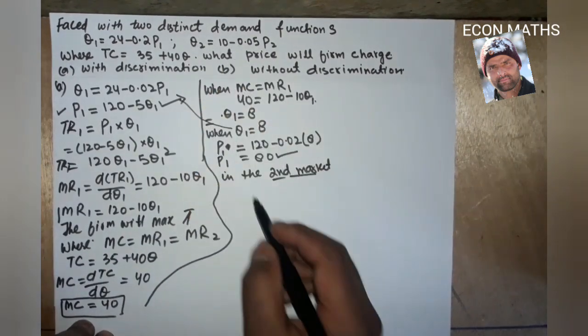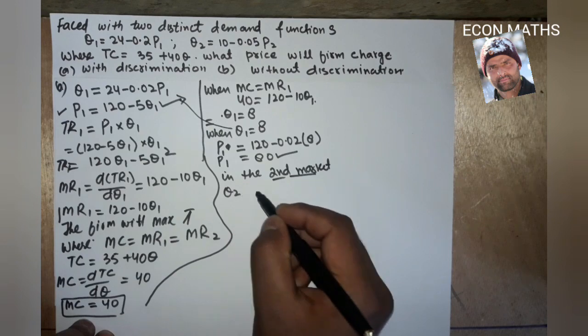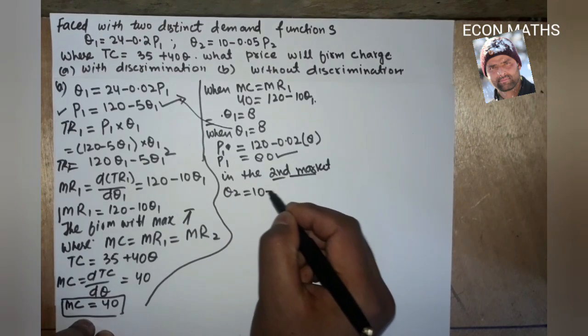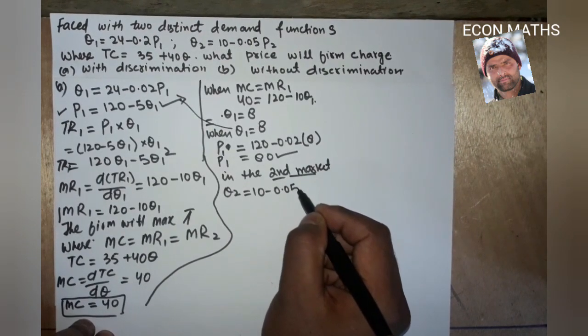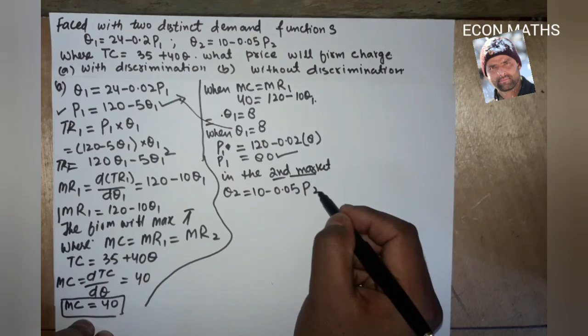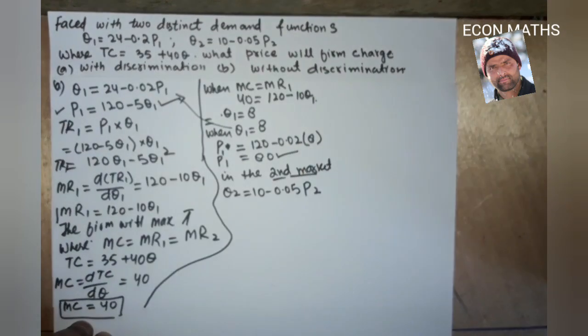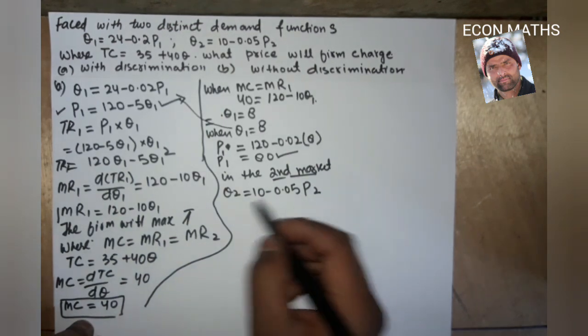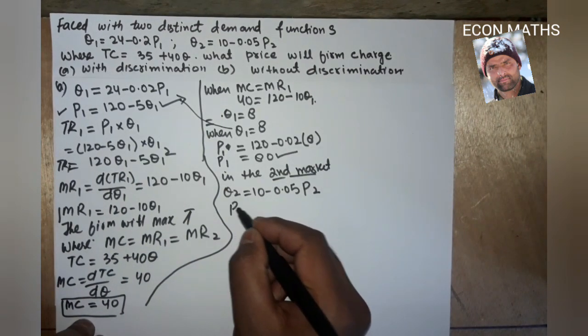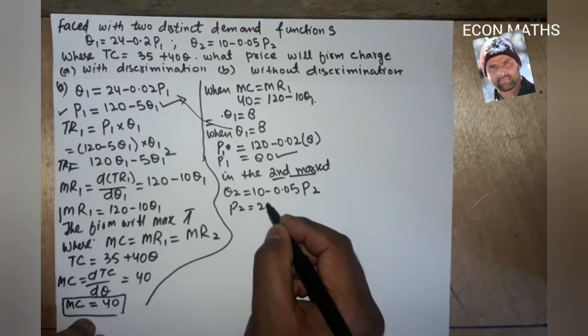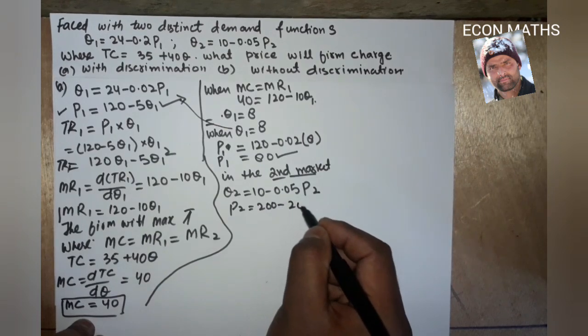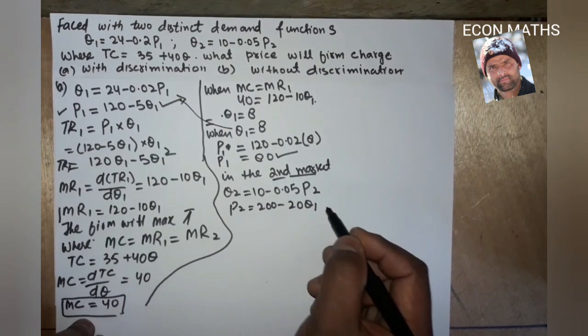Now in the second market, Q2 is equal to 10 minus 0.05 P2. As we have already calculated, we will similarly solve this for P2. When solving for P2, this will become 200 minus 20 Q1.